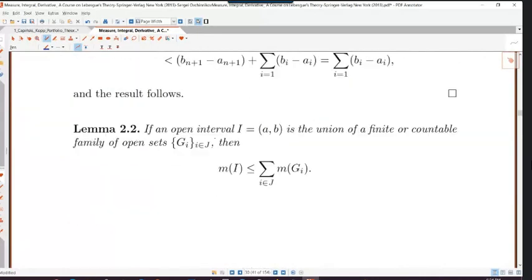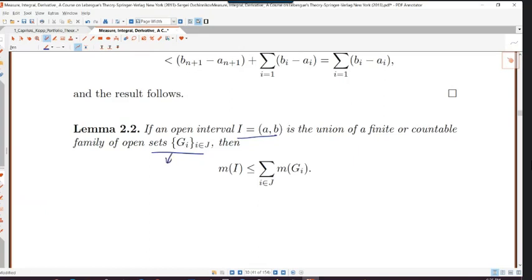Now, we have this for an open interval. If I from A to B is the union of a finite or countable family of open sets Gi, okay? Not intervals. Open sets Gi, then m of I is less than or equal to sigma m of Gi.